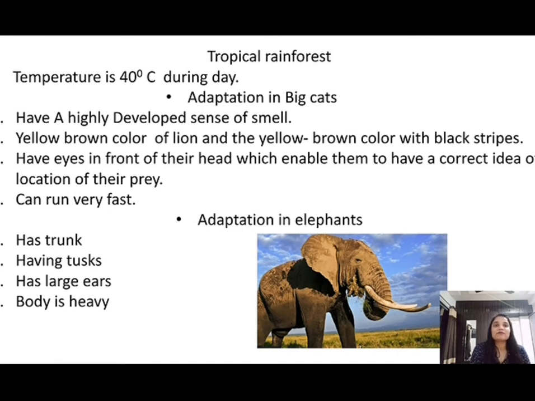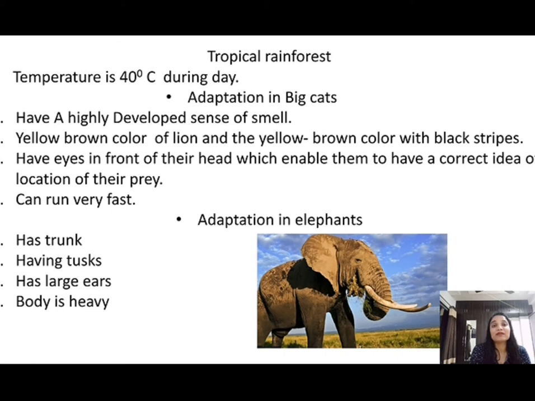Now we will see adaptation in big cats. In this one we will include lion and tiger. Highly developed sense of smell. The yellow brown color of the lion and the yellow brown color with black stripes of the tiger protect them from predators, because they mix up with the background. And eyes in front of their head, same as us, so they have 180-degree vision, and they can judge the location of their prey.